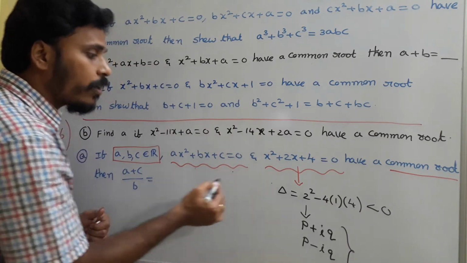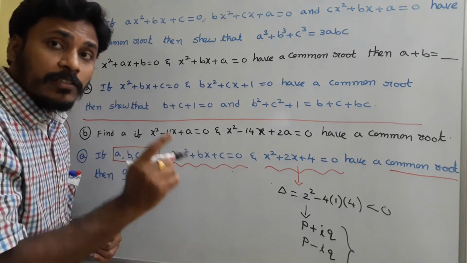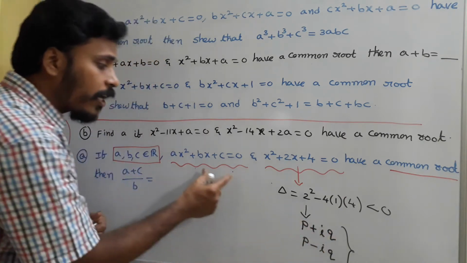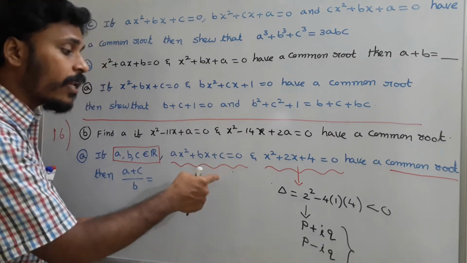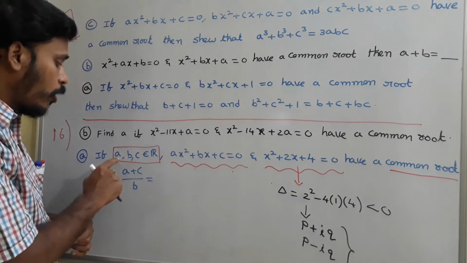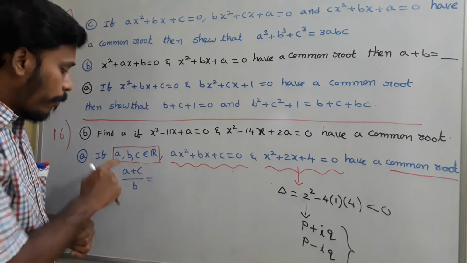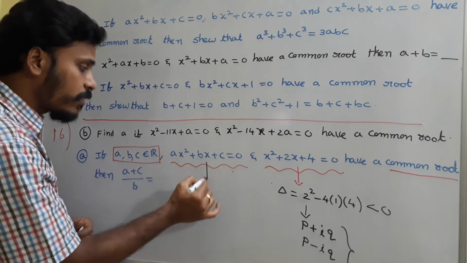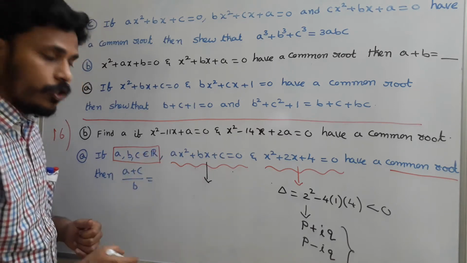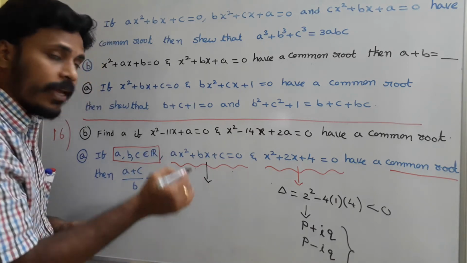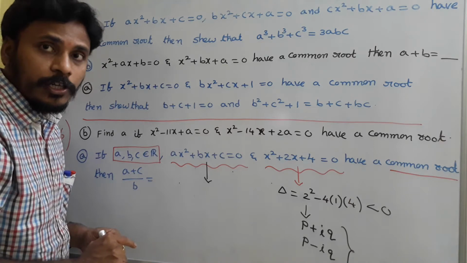If p plus iq is a common root, then automatically you will get p minus iq also as a common root, because a, b, c are reals. For the equation ax square plus bx plus c equals 0, if complex roots exist, they are also complex conjugates.